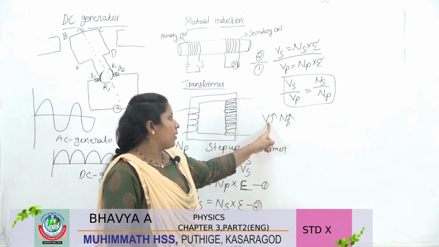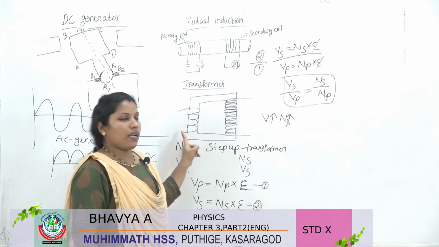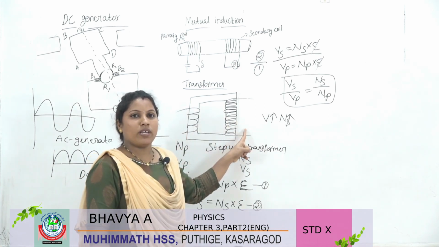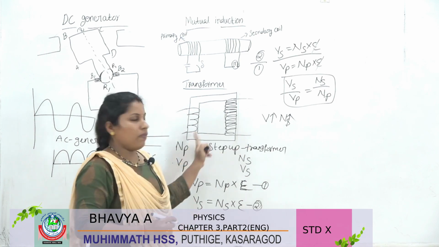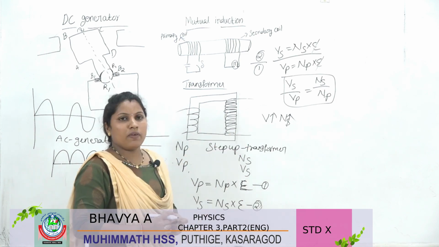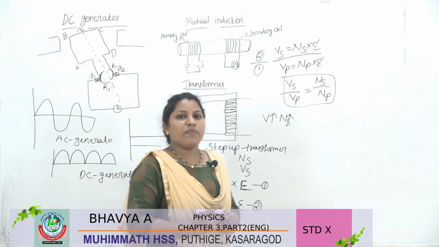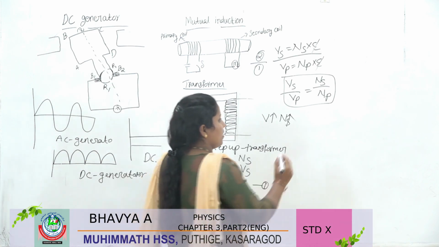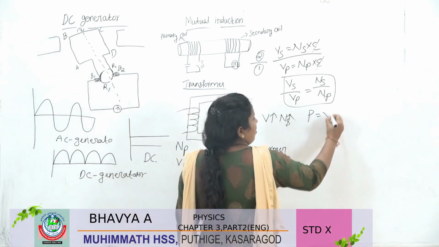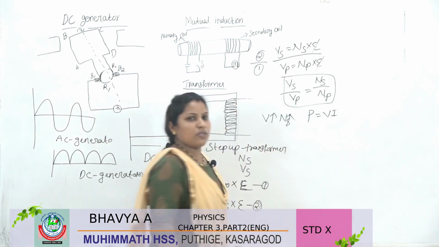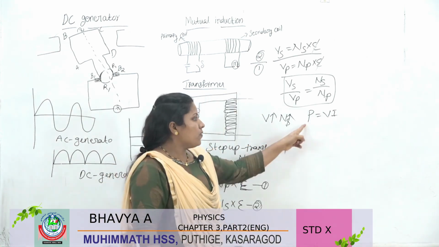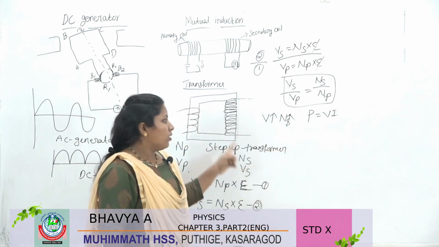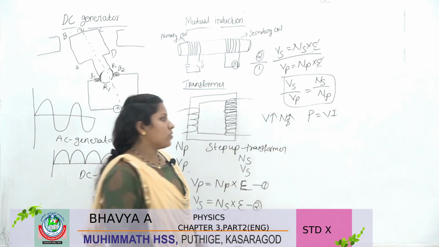Next, power. Power in the primary coil and the secondary coil is equal. You have studied one equation, P is equal to VI, in the first chapter, no? Using this equation, we calculate the power of both.